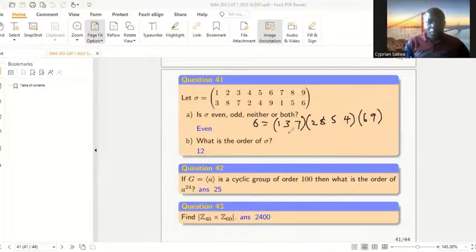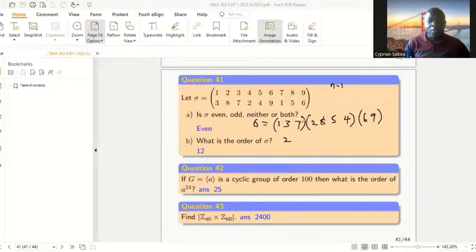Now, how many transpositions are here? This first cycle has 2 transpositions. Remember, the number of transpositions is n minus 1, where n is the number of entries.